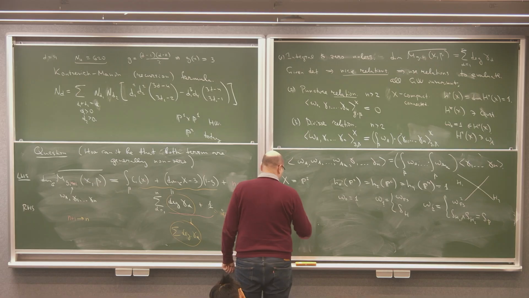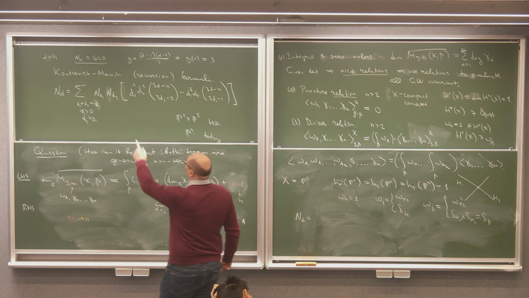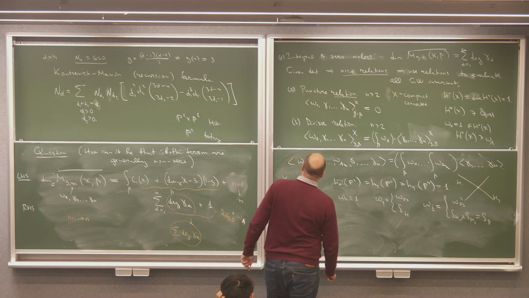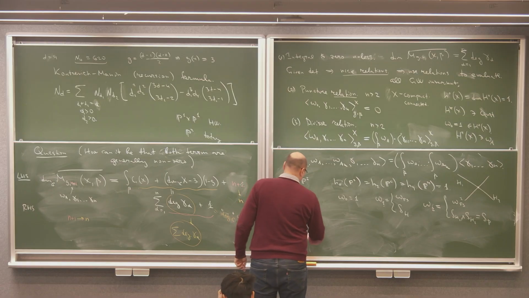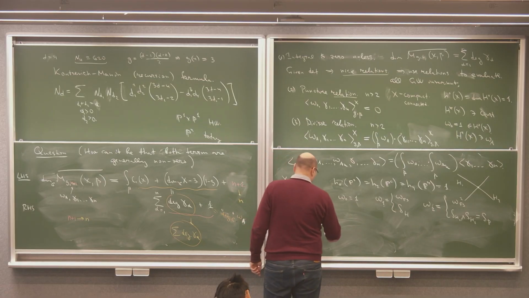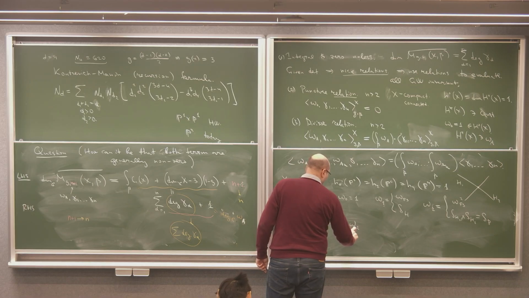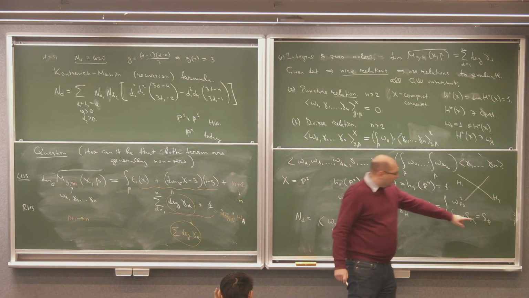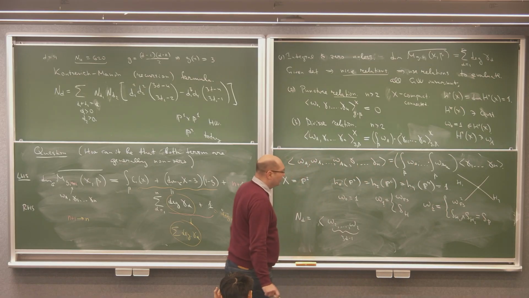Notation: our number n, the number of degree d genus 0 curves passing through 3d minus 1 points, is a Gromov-Witten invariant of the following form. We take omega 2 and insert 3d minus 1 insertions of omega 2, which are just Poincaré duals of points.